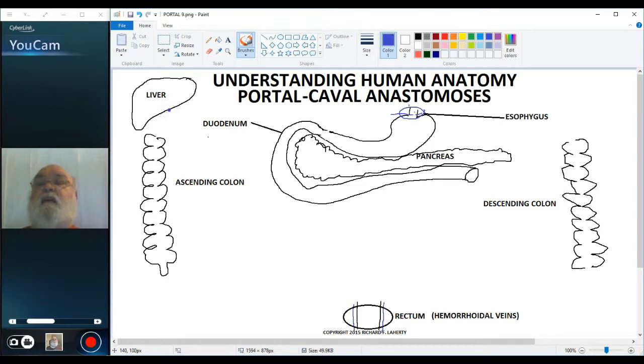Again, this is a pair of veins that go out to the body wall. And we'll put the label right here.